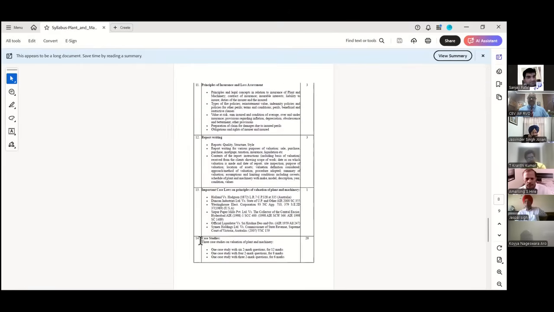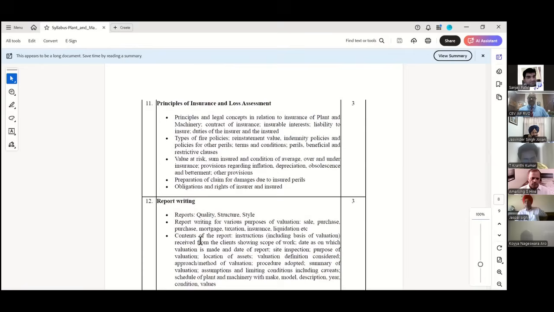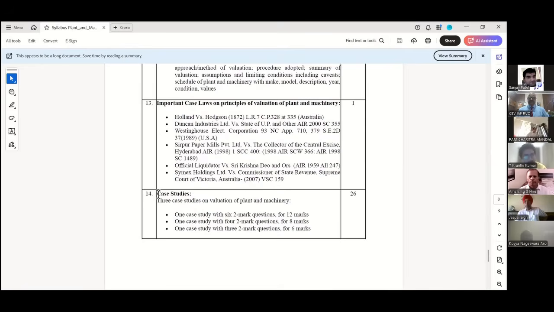Your last question is a case study. It is purely based on numerics. It belongs to the 26 marks. So one case study is of 12 marks, matlab 6 questions belong to this. The second case study is 8 marks, matlab 4 questions, and the third is 6 marks, matlab 3 questions. So this 26 marks is purely based on numerics.